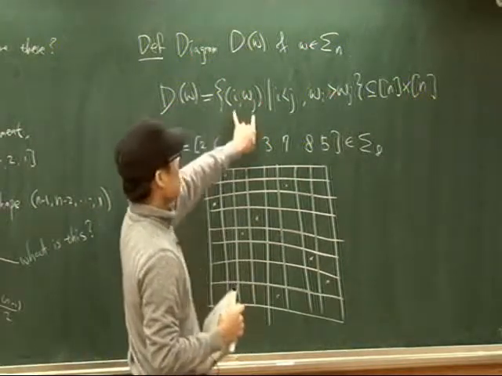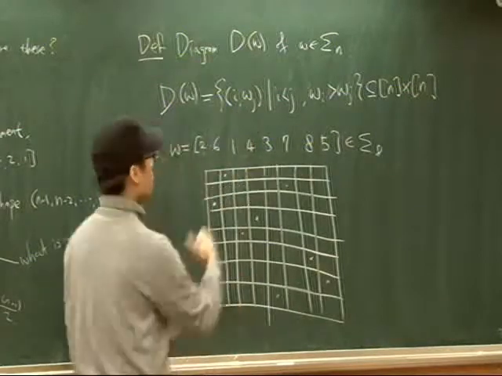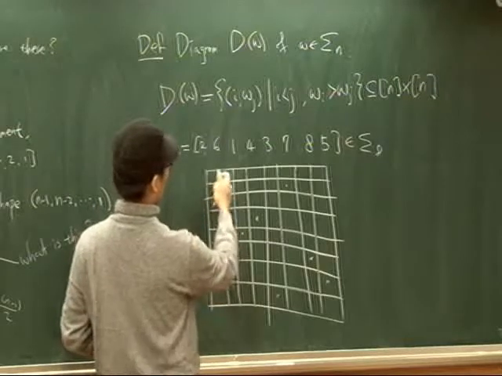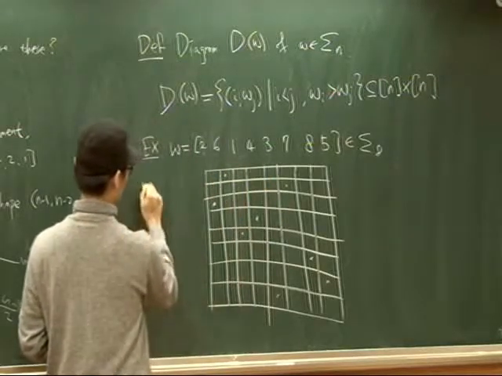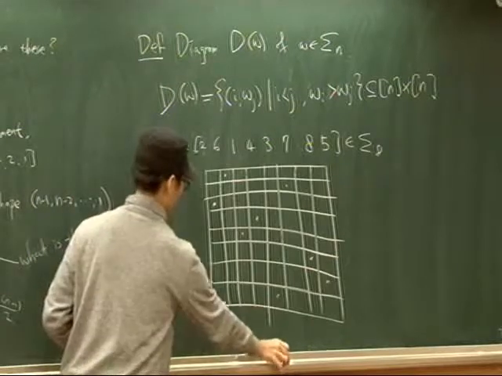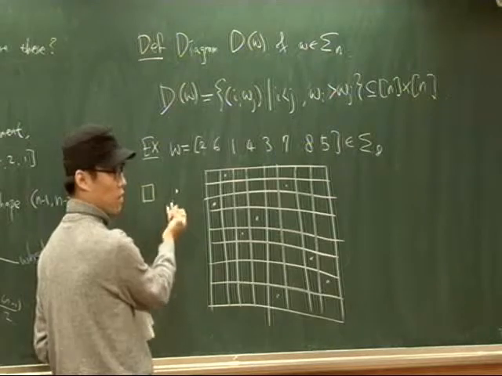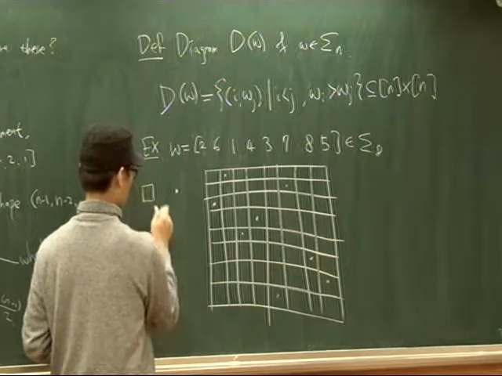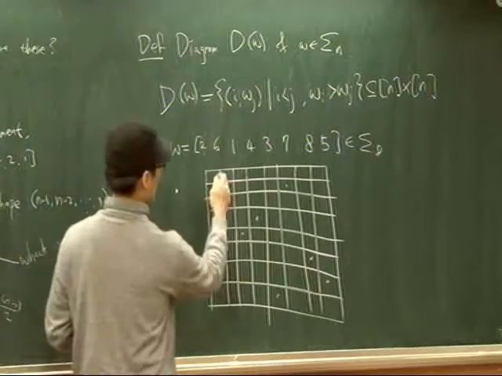To choose boxes from this n times n square, we have to choose a box where a dot appears somewhere to the right of this box and a dot appears somewhere below this box.